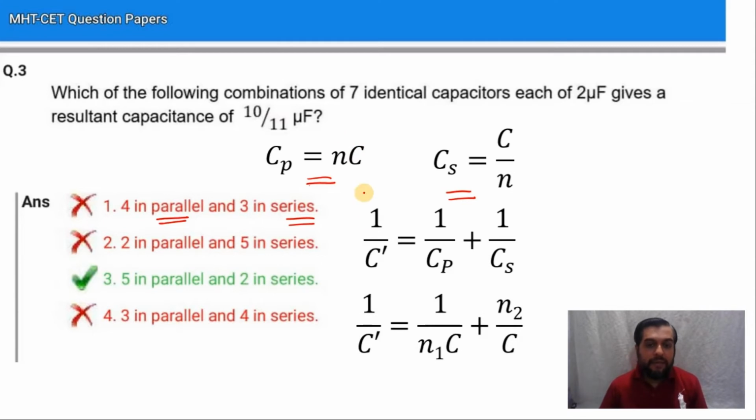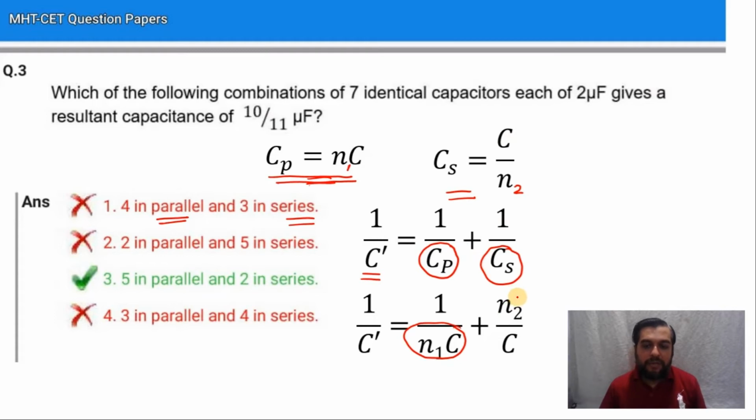In that case, 1 upon C dash will be equal to 1 upon Cp plus 1 upon Cs. Now what is Cp? Cp is nothing but n times C. The number of capacitors in parallel is n1, so Cp will be n1 times C. And Cs is C upon n, and with the number of capacitors in series as n2, Cs will be C upon n2.